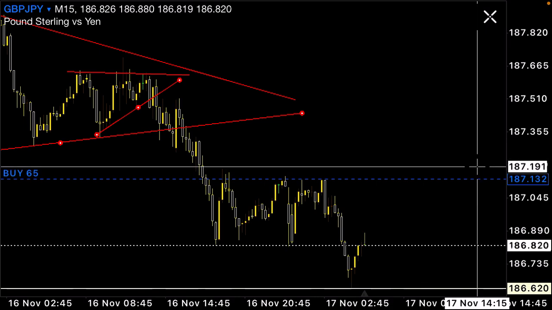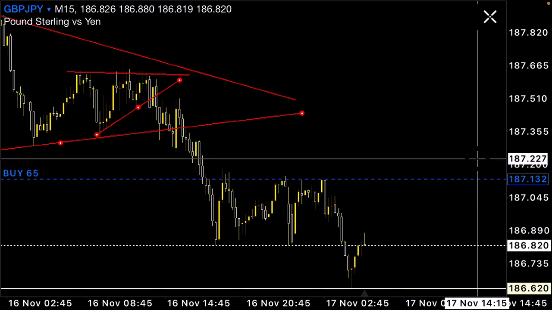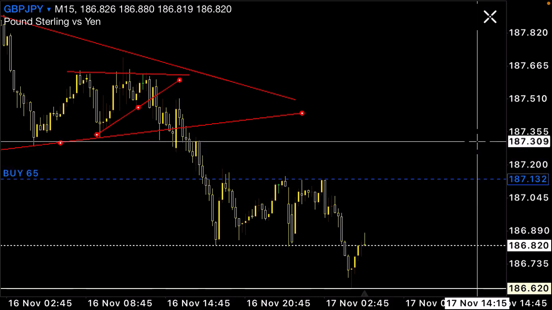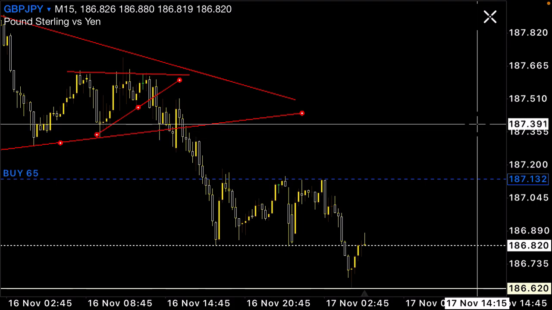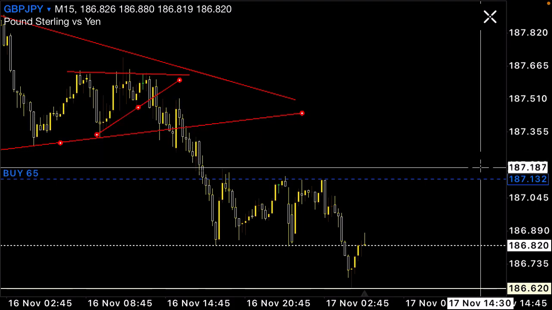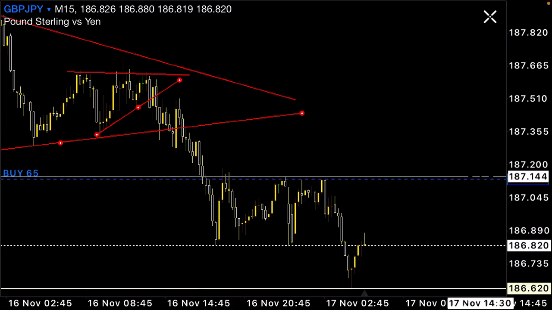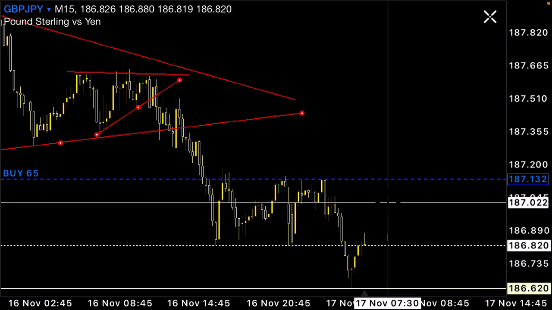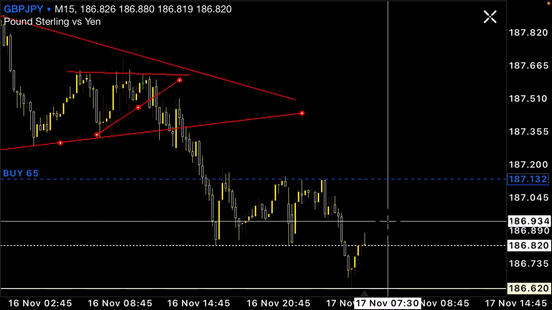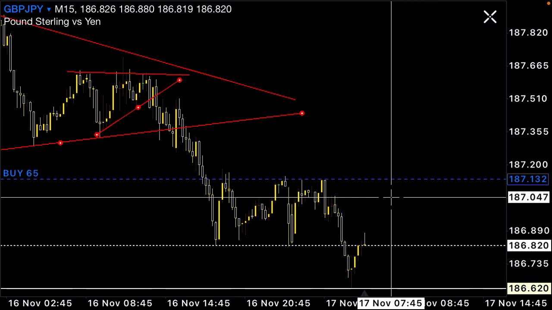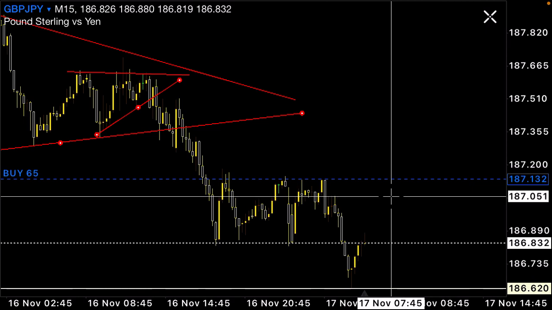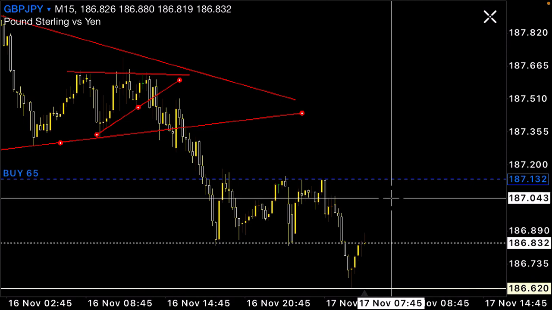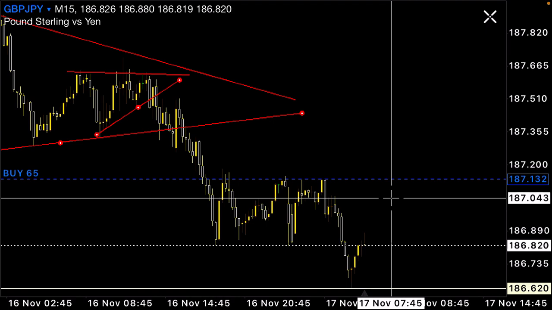Each one of these numbers going up is $650, $650, $650, another $650, another $650. So if I would have put a stop loss right down in here somewhere, and just left it there, then it would have automatically only lost a couple thousand dollars.